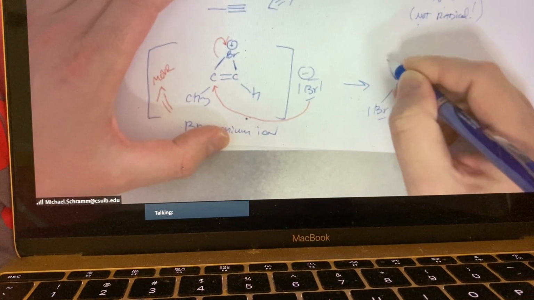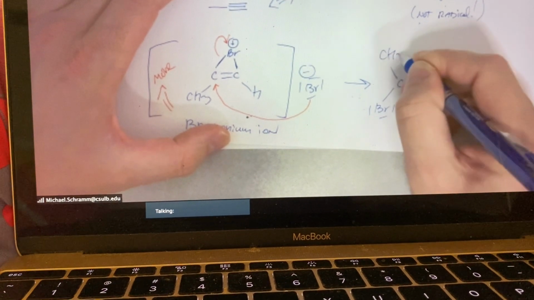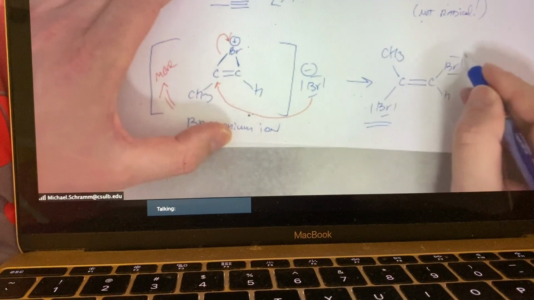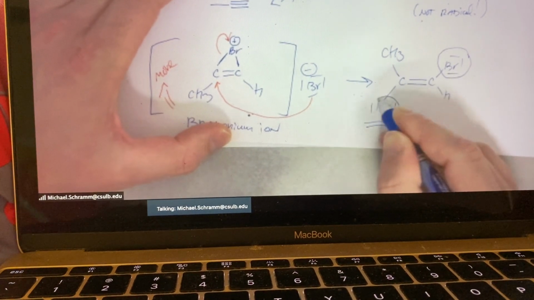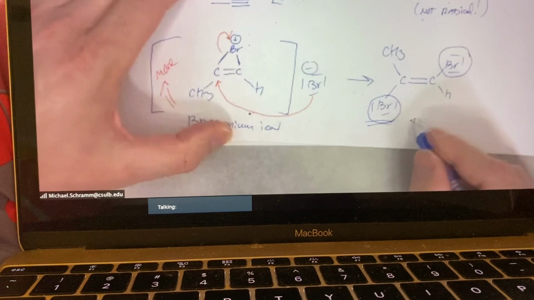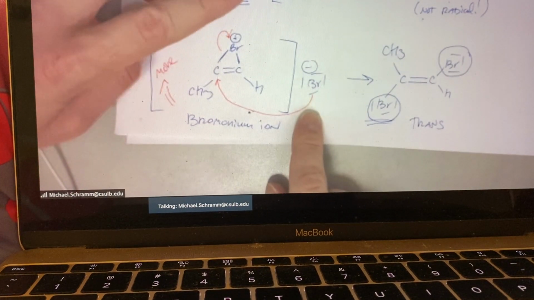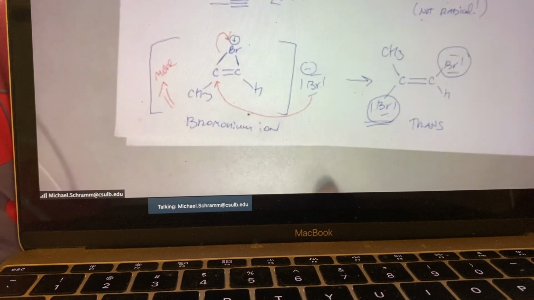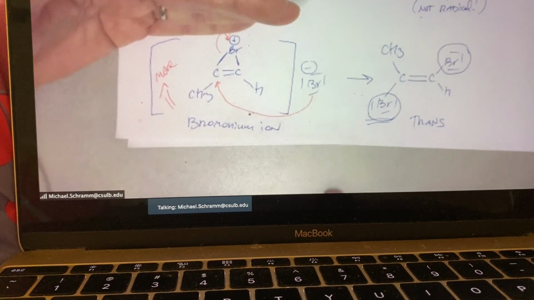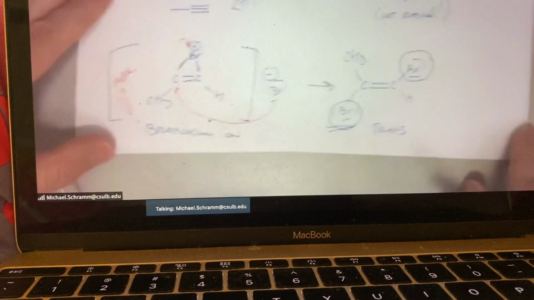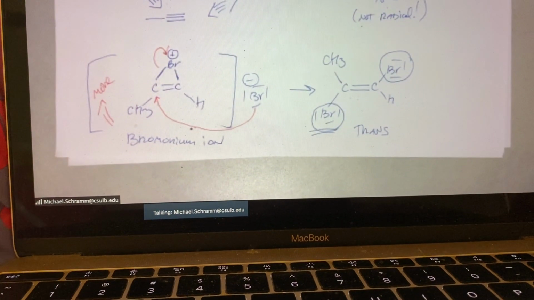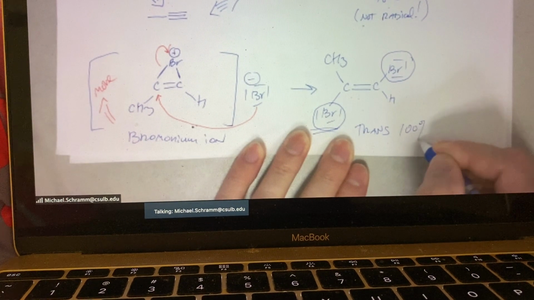And these two bromines are trans to one another because they add by anti-addition. One of the bromides came in from this side of the molecule, and this one can only come in from the opposite side. So this will have trans stereochemistry 100% of the time.